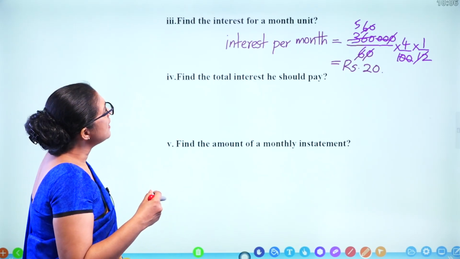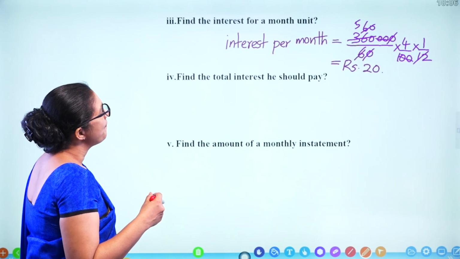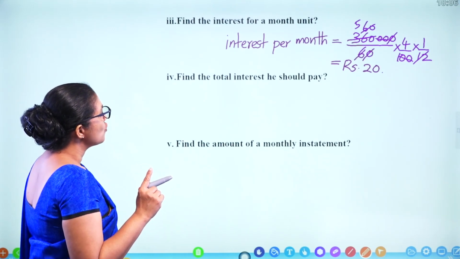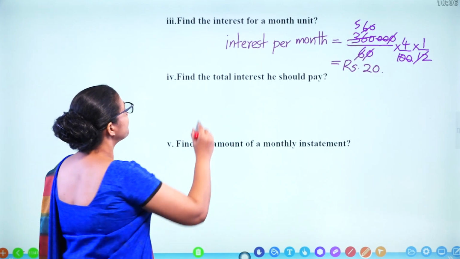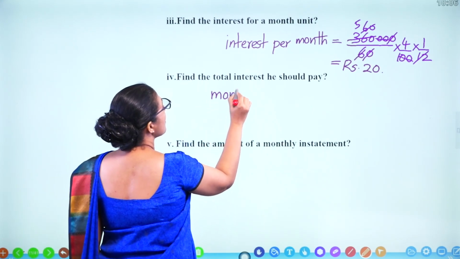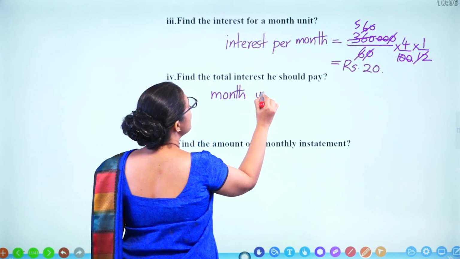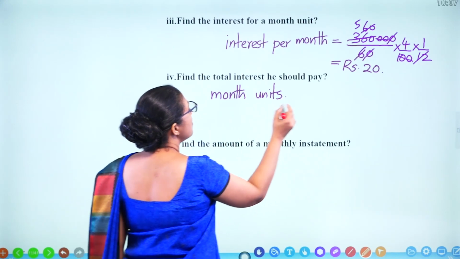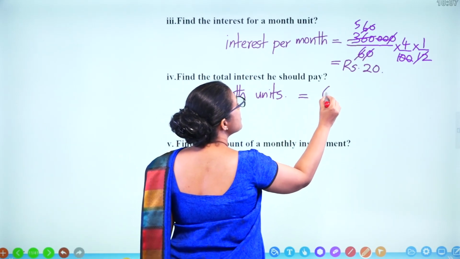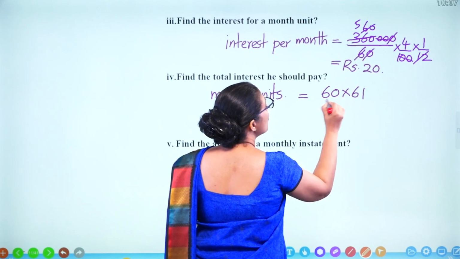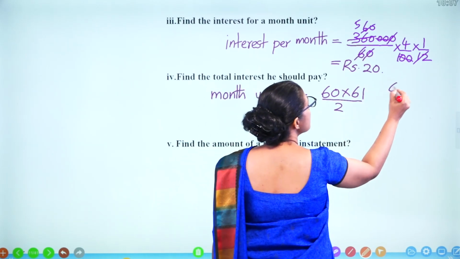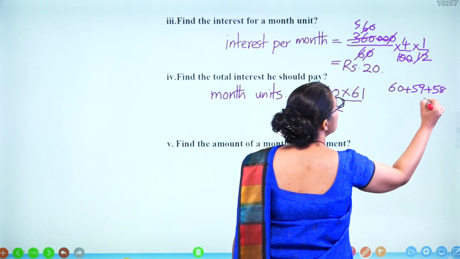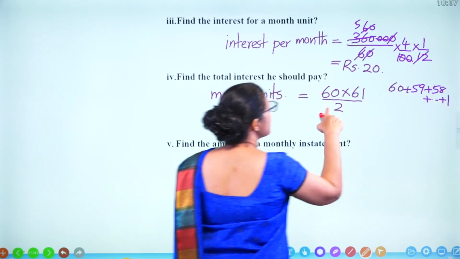So what's the total interest he should pay? Now we need to find out the month units. So how many month units are there? Month units is 60 into 61 over 2, because when you take 60 plus 59 plus like this up to 1, that's this value.